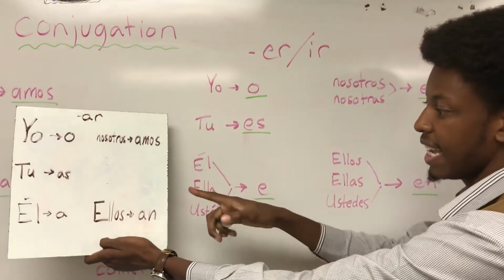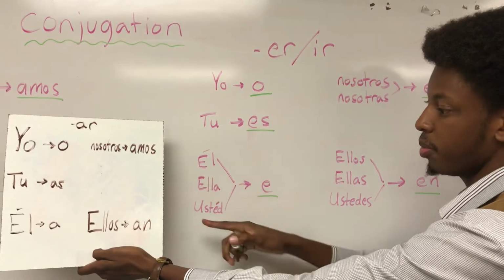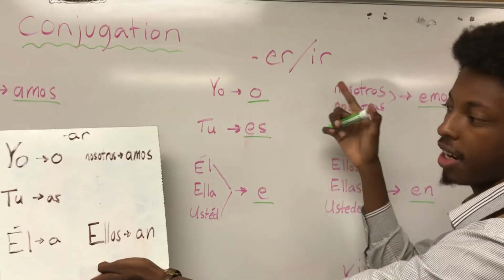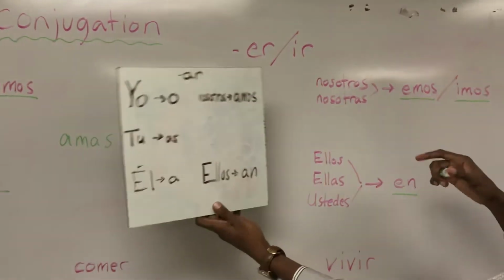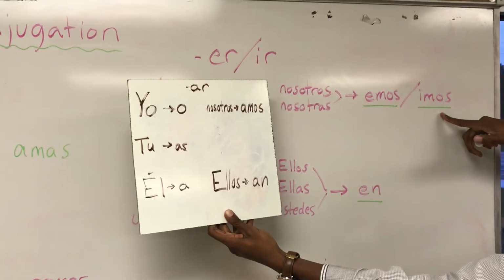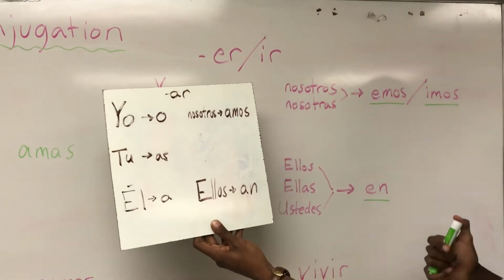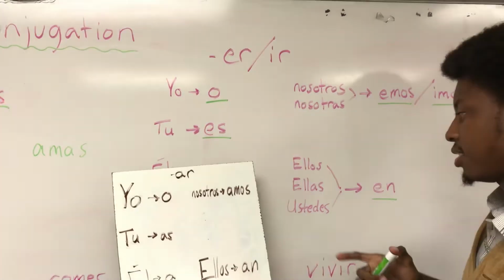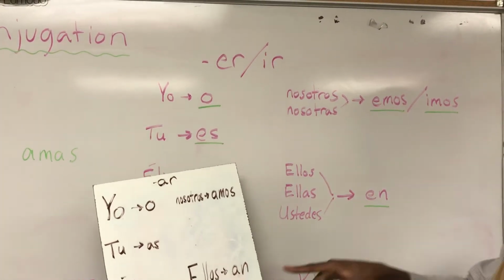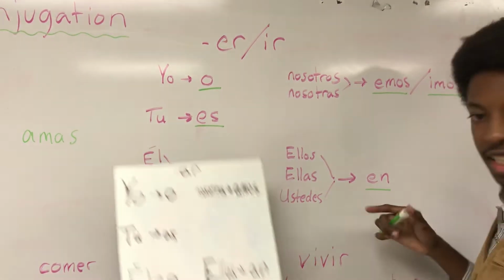Okay, for él, which is one of this group, all you do is change it to E instead of A for ER or IR verbs. Okay, nosotros, all you do is change it to emos or imos, depending on whether it ends in ER or IR. For ellos, ellas or ustedes, all you do is change it to EN instead of AN for AR. All right, let's look at an example.